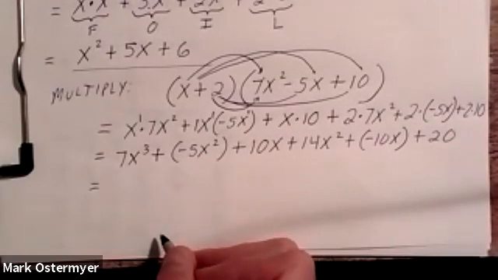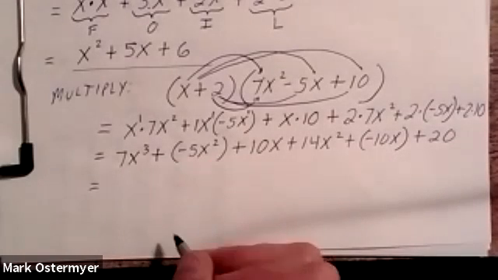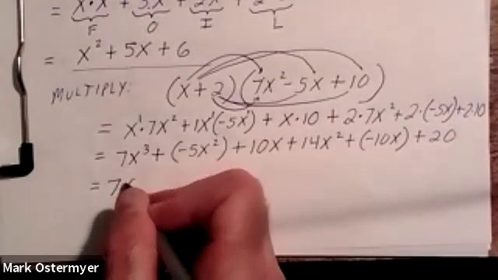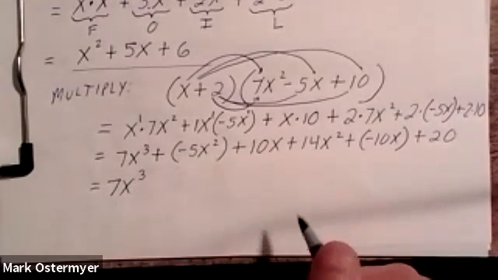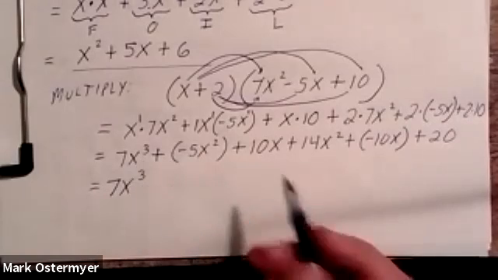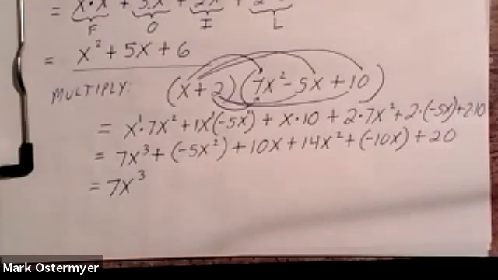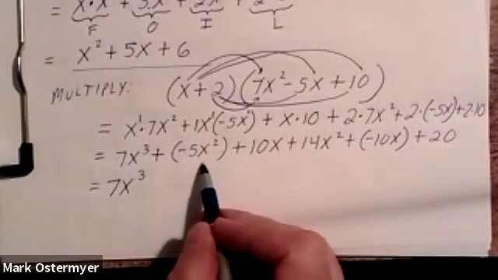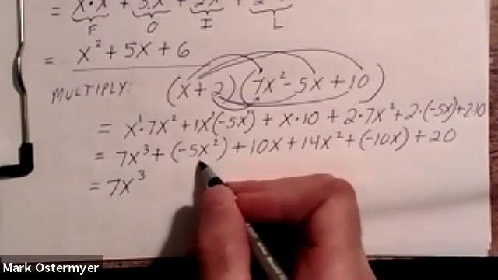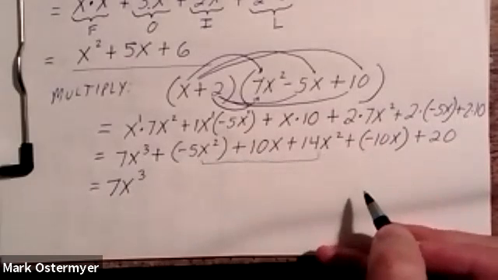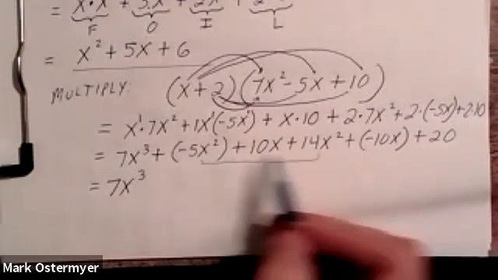Now, what we do is we want to combine any like terms that need to be combined. 7x cubed has nothing to combine with. Negative 5x squared can be combined with 14x squared. What's negative 5 plus 14?